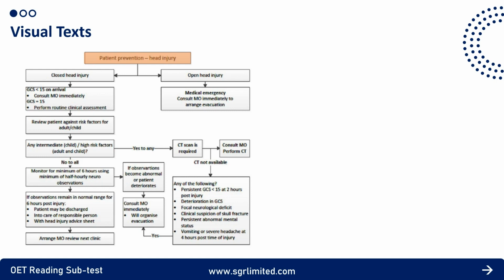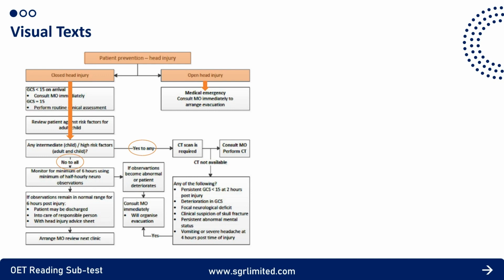In this flowchart, we find one heading and two subheadings. The arrow tells you what to do and where to go. So for open head injury, there is only one suggestion: consult the MO immediately.